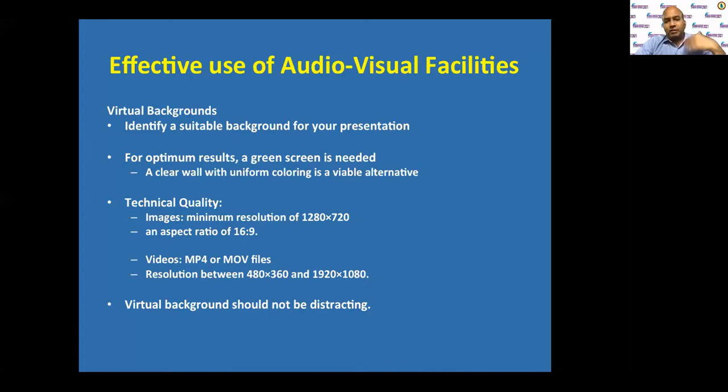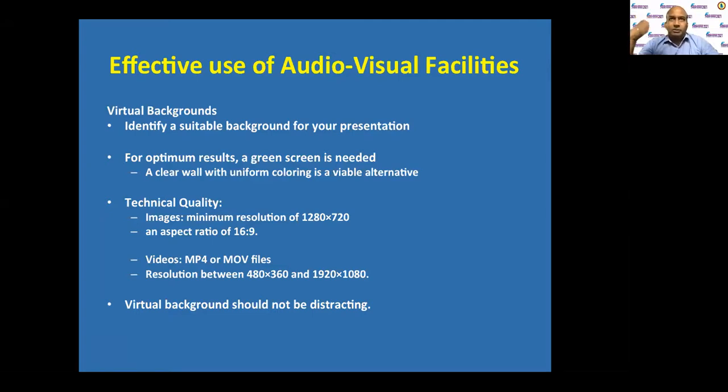So if you have a green color background, it is easy for the software to identify you and clearly demarcate what the background is, and therefore applying a virtual background will be much smoother. But we are at the moment not using anything. The alternative to this is for you to have good light from the front.